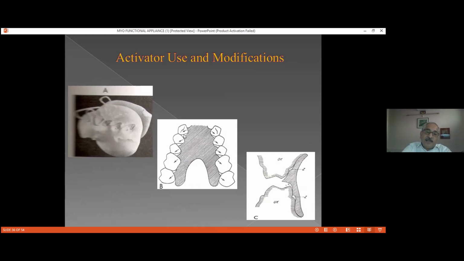If we had incorporated acrylic here, the teeth would not have moved in the desired direction. In a similar manner, a relief has to be given in this undercut area to allow the teeth to move freely under the influence of the acrylic. Now, this whole effect is known as the headgear effect, which I described earlier in the previous lecture.